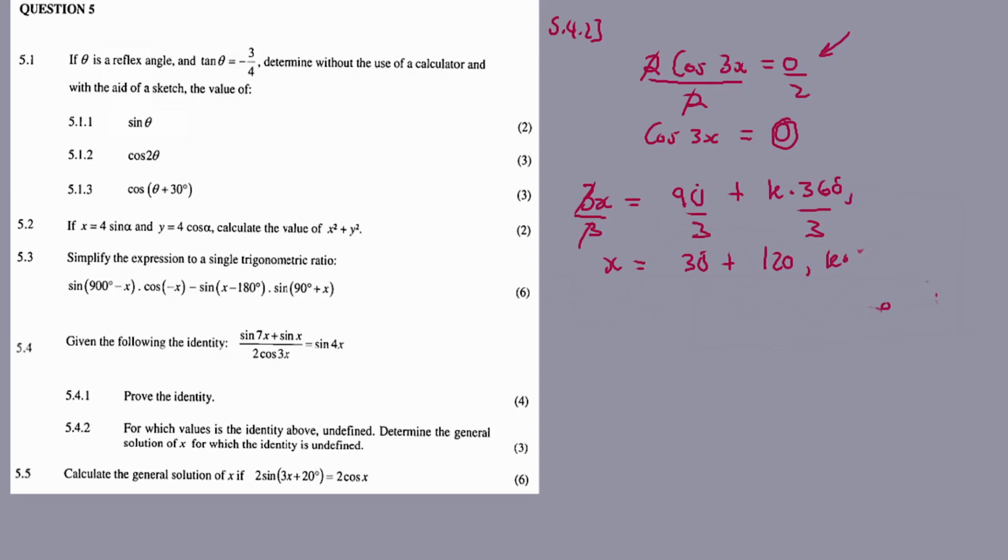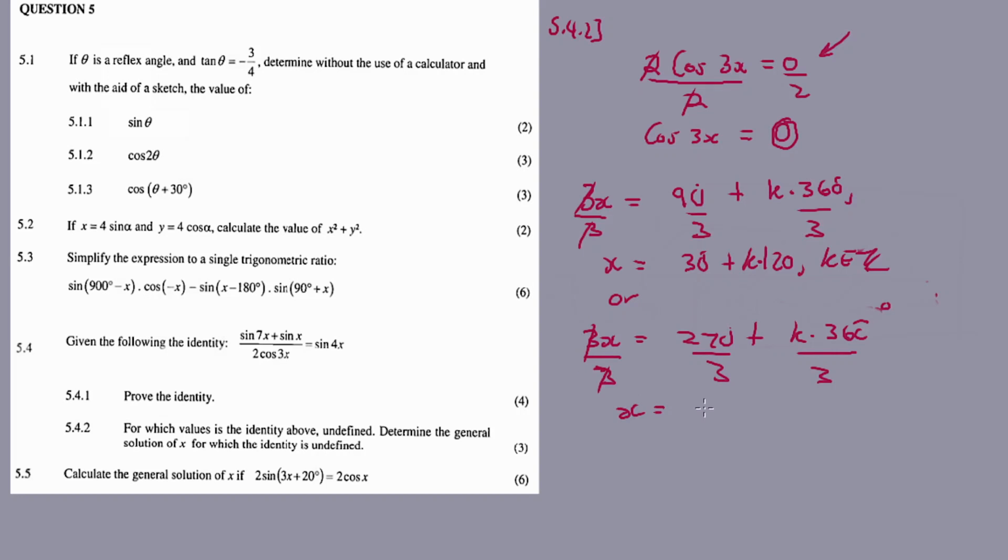K times 120, then it's k element of integers, or 3x equal to 270 plus k multiplied by 360. Divide by 3, divide by 3, divide by 3.